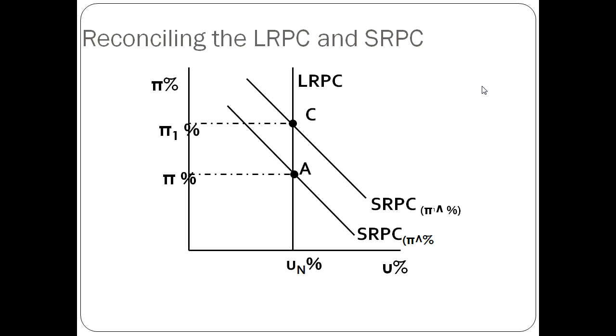And now you're back at your natural rate of unemployment with a higher level of inflation. So ultimately you ended up back at the natural rate of unemployment at point C.